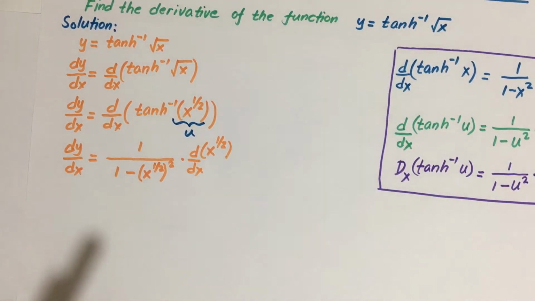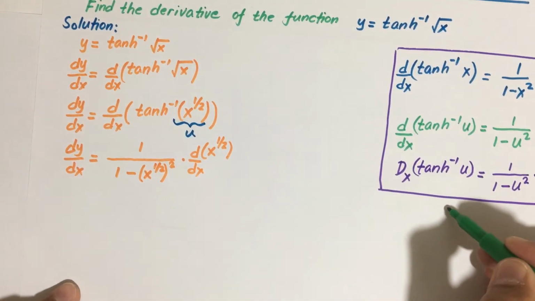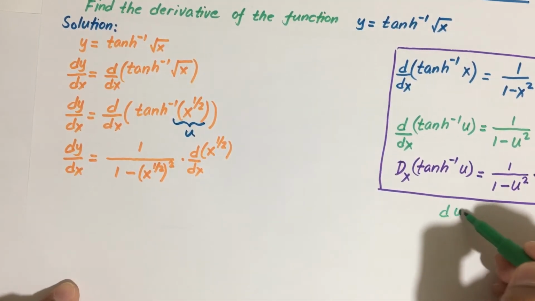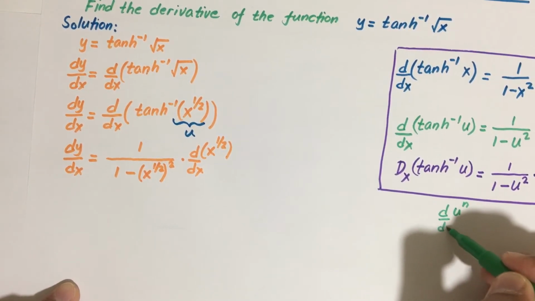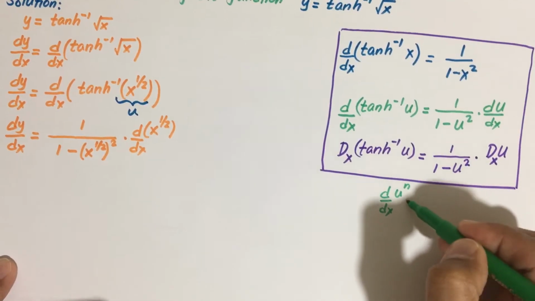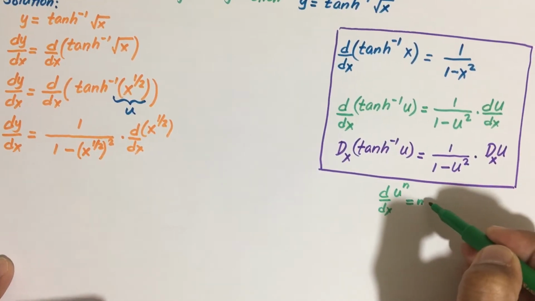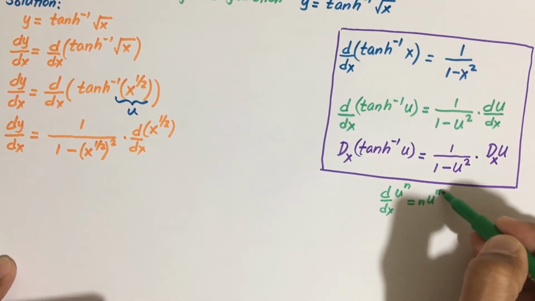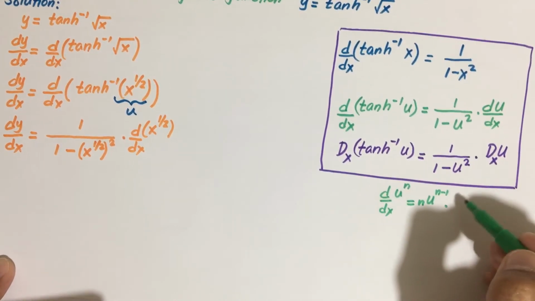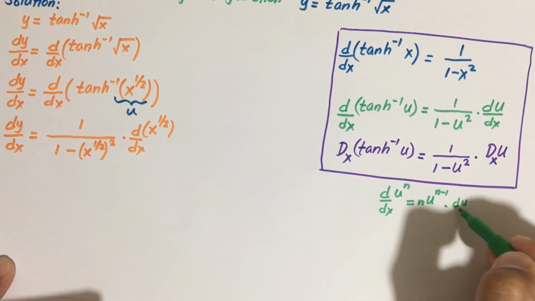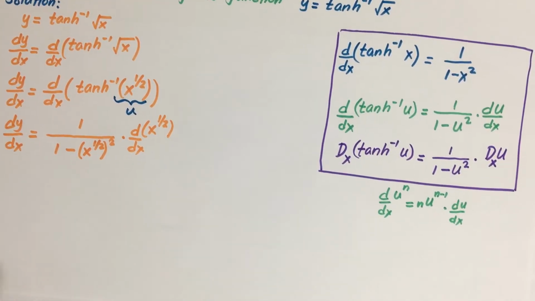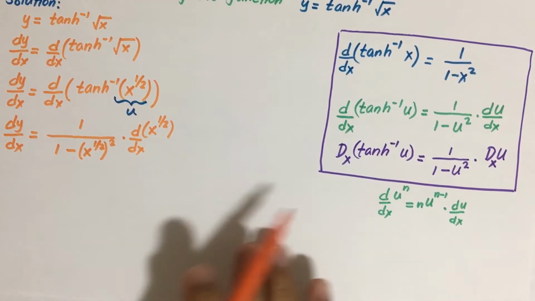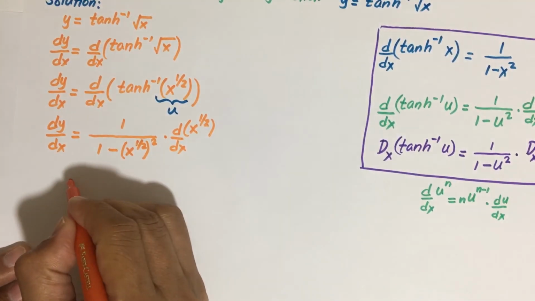So what is the power rule? If you have the derivative of u to the n with respect to x, the general power rule is n times u to the n minus 1 times the derivative of u with respect to x.